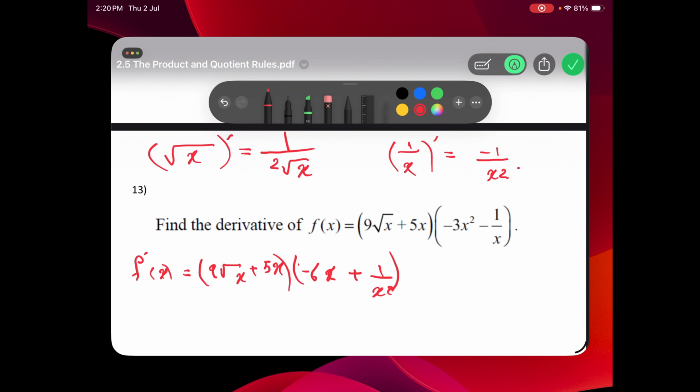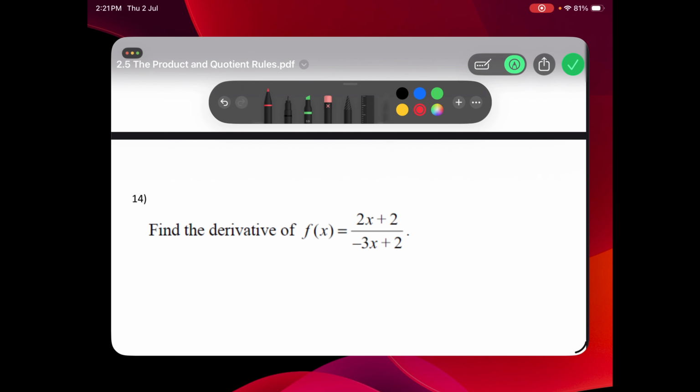Then plus, now I will differentiate the first, 9 radical x, it will be 9 over 2 radical x, 5x, it will be 5, and I will keep the second as it is, which is minus 3x squared minus 1 over x. We have minus here, sorry, so minus 1 over x. So we are done with this.